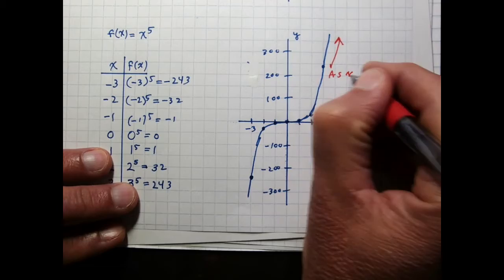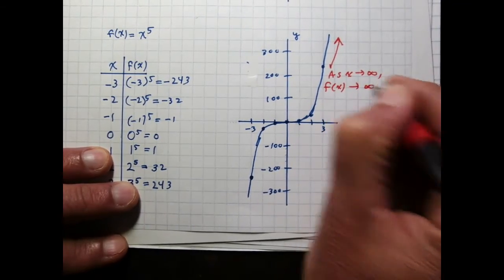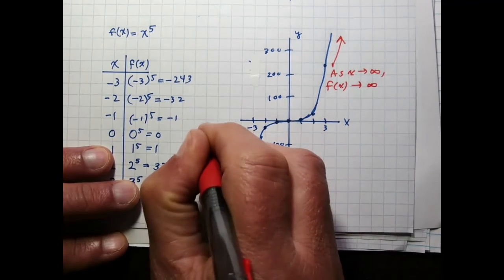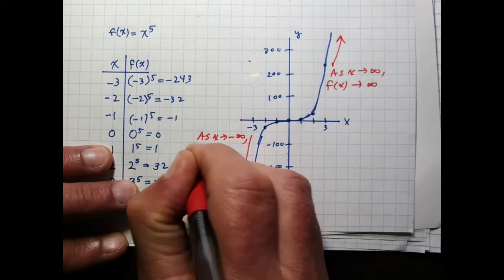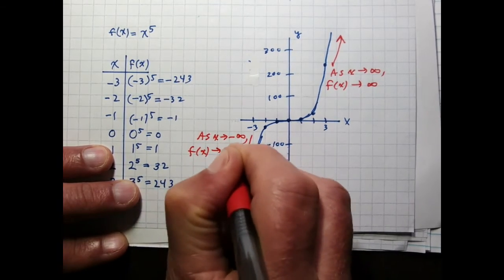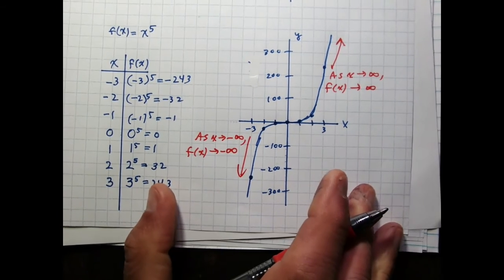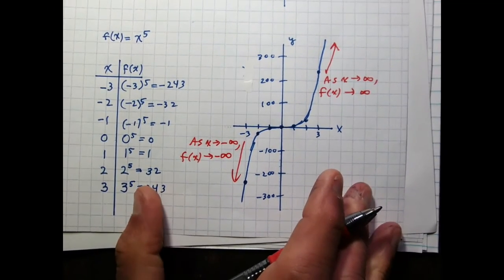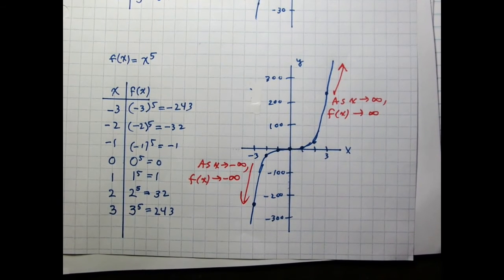As x approaches infinity, f of x approaches infinity. As x approaches minus infinity, f of x approaches minus infinity. And so pretty much all odd powers of x are going to follow this same pattern.